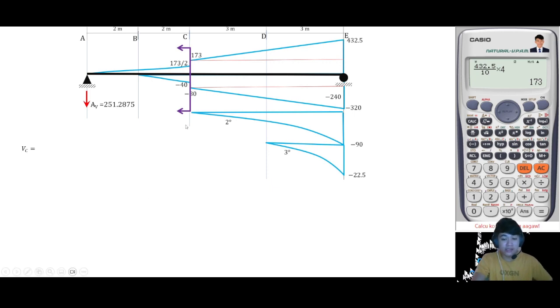Okay, so ang loading natin dito ay upward forces. These are upward. These are downward forces.